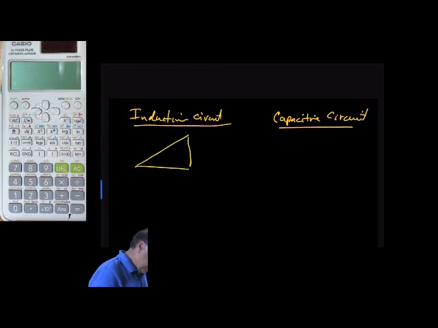We can also talk about power triangles, and we saw this last time for an inductive circuit, and for a capacitive circuit. The circuit looks like this. This is the apparent power.